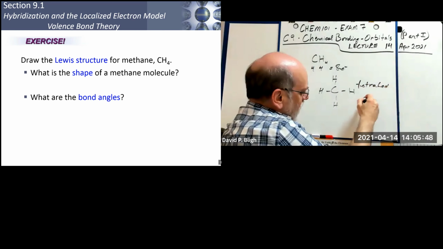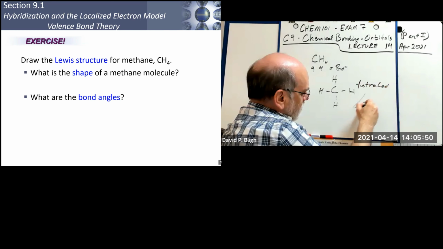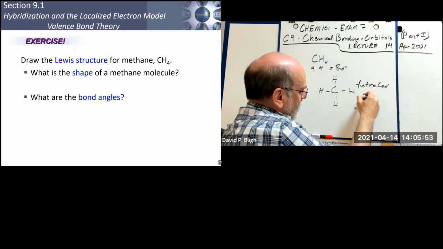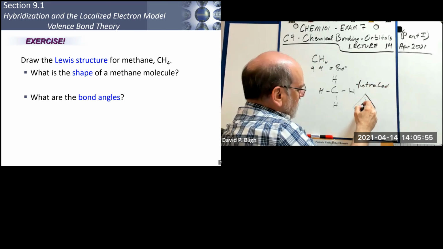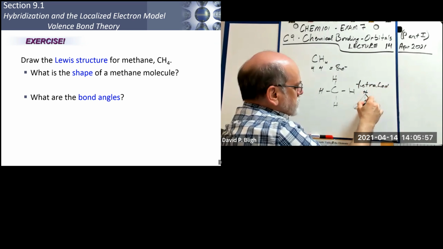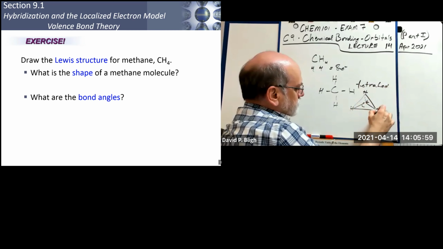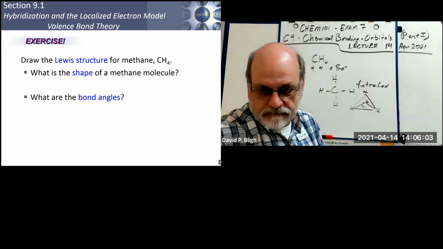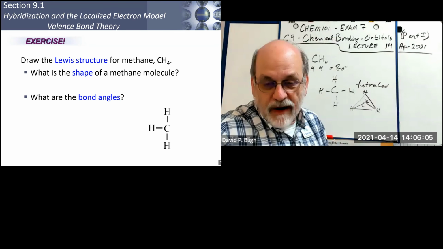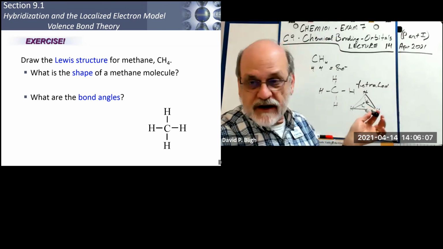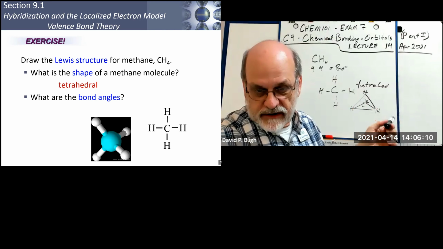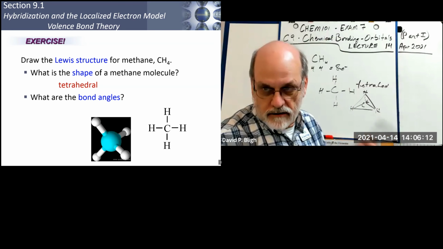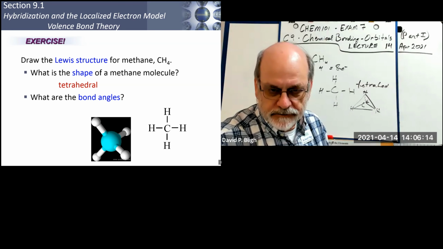So it would be something like that, with a carbon in the middle and hydrogens all around like that. And the bond angles, of course, we would expect to be 109.5 degrees. That's typical for a tetrahedral molecule.